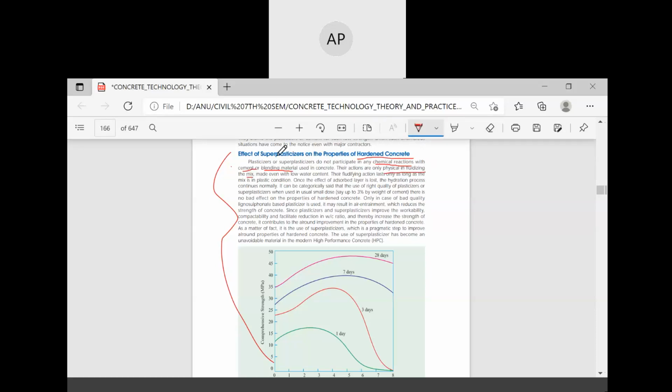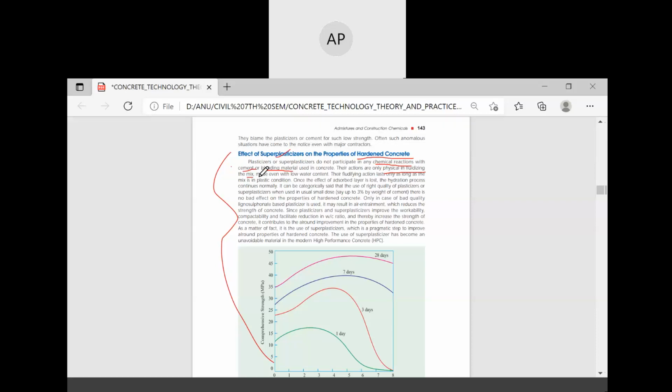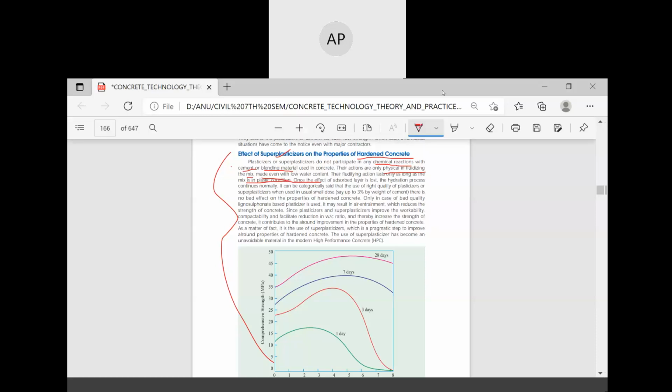That means superplasticizer does not react with cement, and their main work is only to reduce the water content, making even low water content workable. The fluidifying action lasts only as long as the mix is in plastic condition. One of the effects is that the absorbed layer is lost.